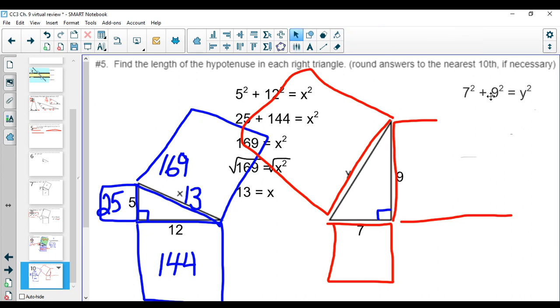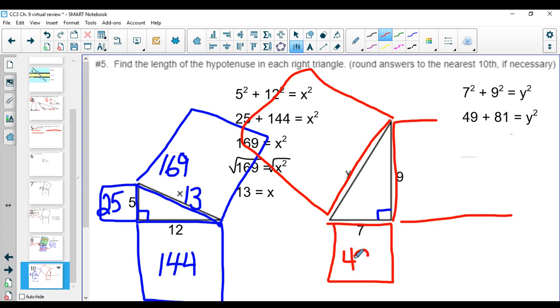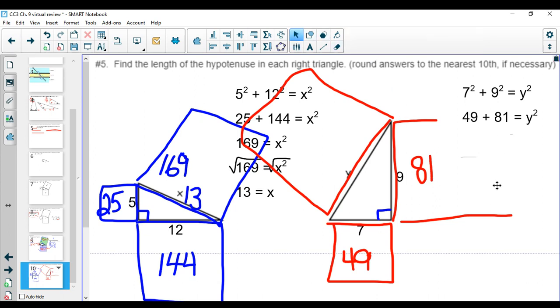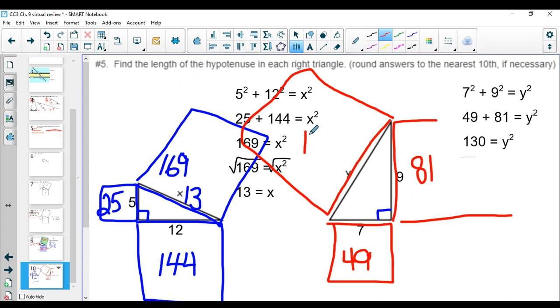So 7 squared plus 9 squared is y squared. 7 squared is the same thing as 49. 9 squared is equal to 81. When we add those together, we get 130.